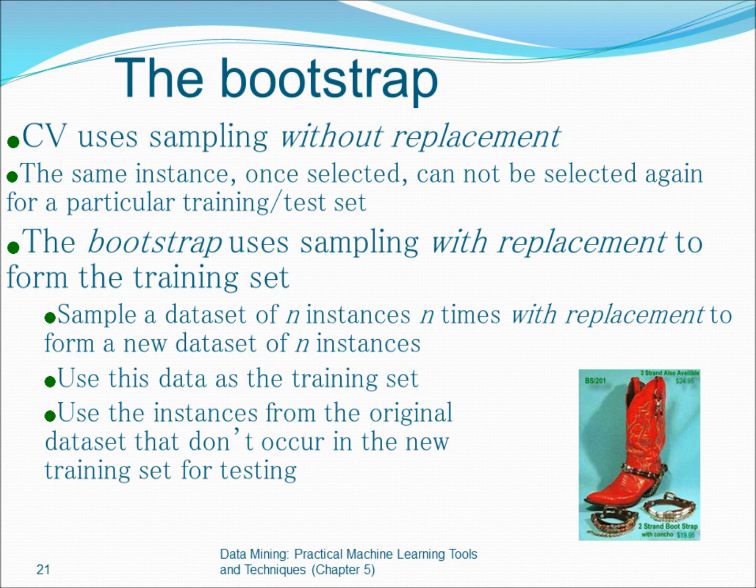Each time, if I have 14, I'm going to select 14, but with replacement, which means I'm probably going to select the same one 3 times. Typically, if you keep doing it, you're going to get 65% selected because you repeat it, right? Another 30-some percent will be left out as testing. And then you do this many, many times and you average it. That's called bootstrap, for small data.